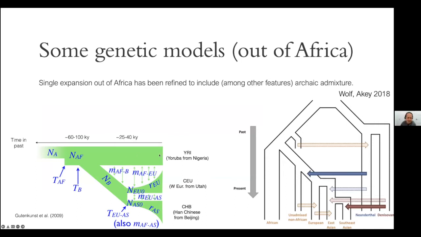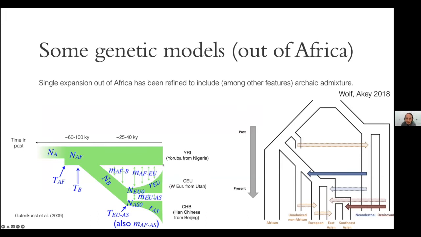And I apologize, I've been changing the direction of time in a lot of these, even within this slide, so it's a bit confusing. On this particular figure here, this is the past and this is the present. And on that figure, this is the present here, and this is the past here. Apologies for this. But on both of these, each pipe represents a population.